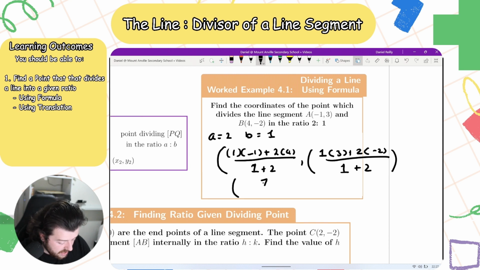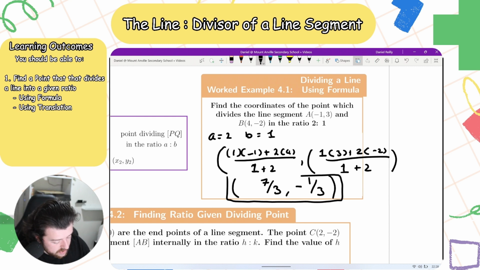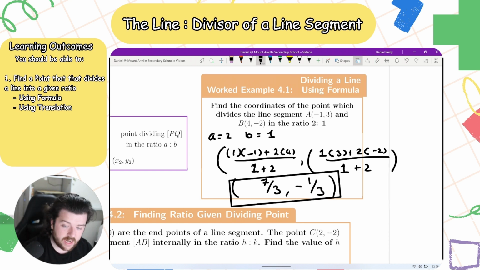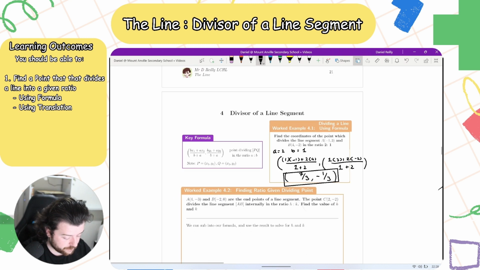So it's going to be 7 over 3 is my x coordinate. And my y coordinate is going to be 3 minus 4, which is -1, all over 3. So it's going to be -1/3 is my y coordinate. So this point divides my line into the ratio 2 is to 1.